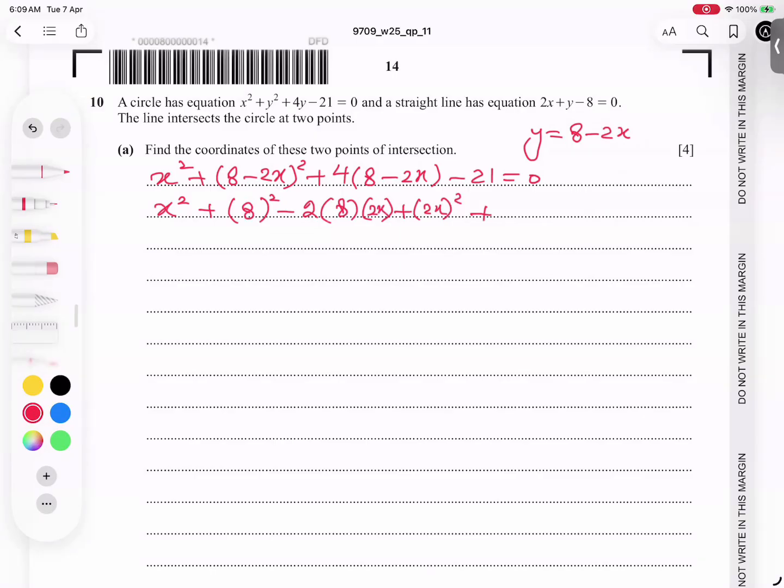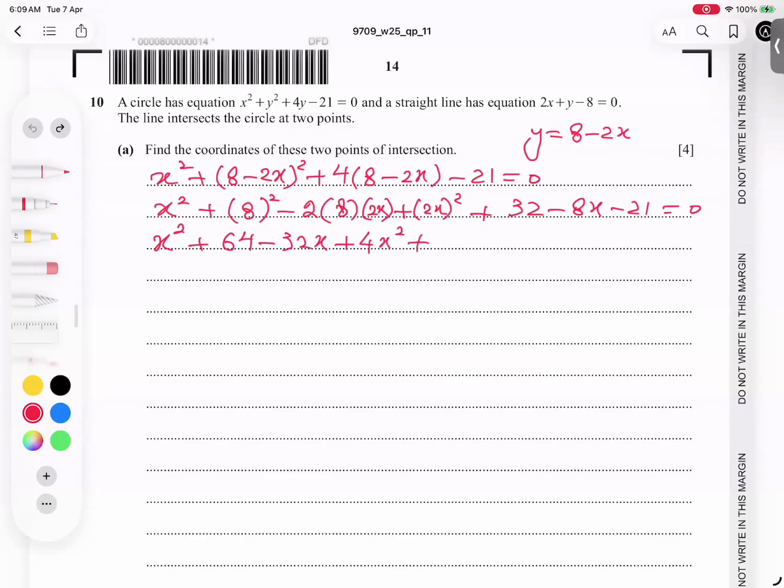Then 4 multiplied inside the bracket, 4 8s are 32, 4 2s are 8x. Now x square plus 64 minus 32x plus 4x square plus 32.